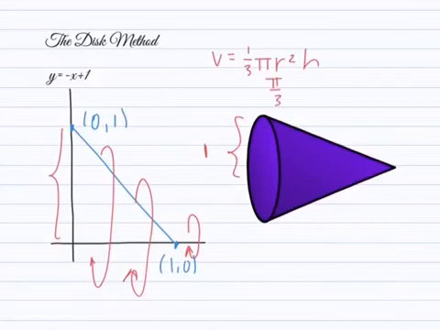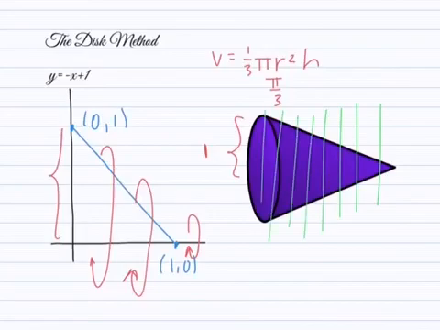But you can also do this by way of the disk method, which is using integrals to find the full volume. Basically what you're doing with the disk method is taking this cone and slicing it a bunch of times, really small, into a bunch of little circles.